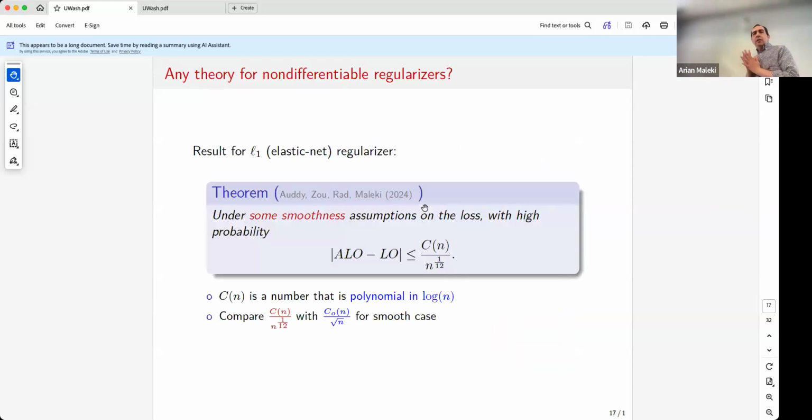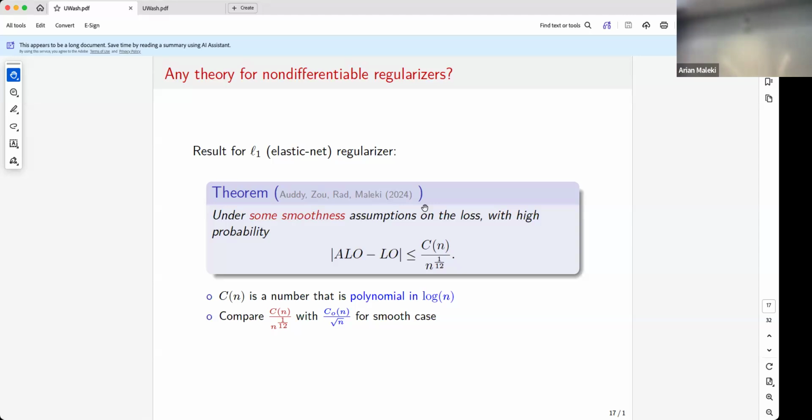Okay, so we wanted to understand what is happening here, and we eventually proved something, and I'm going to explain where it comes from. Unfortunately, this is not as strong as we want it to be. It's a weak theorem, but at least it shows that the approximation should work to some extent. So let's say you're using the elastic net or the lasso problem, and we still have some smoothness assumptions on the loss function.